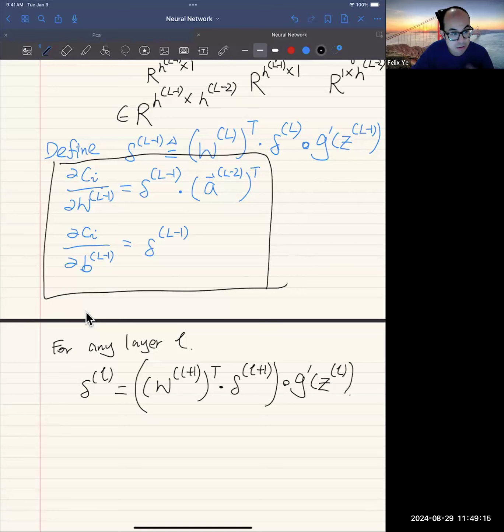So you can calculate this delta_L iteratively, from the delta capital L backward, from L to L minus 1 to L minus 2 until 0.